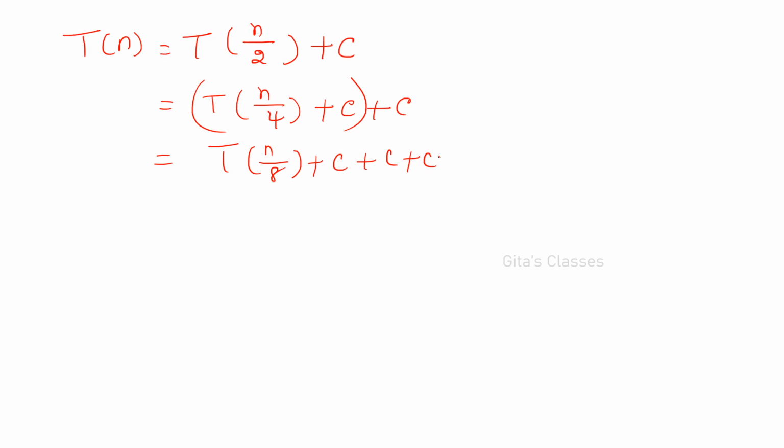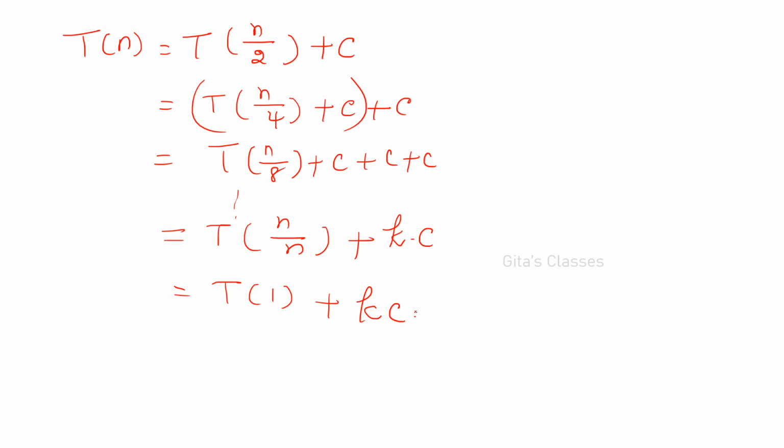So C plus C plus C. So in general, T of n by n plus how many times will you get C? k times. See here 2 squared 2C, 2 cube 3C and so on. So this is equal to T of 1 plus k times C. So T of n is equal to, and here T of 1 can be ignored.